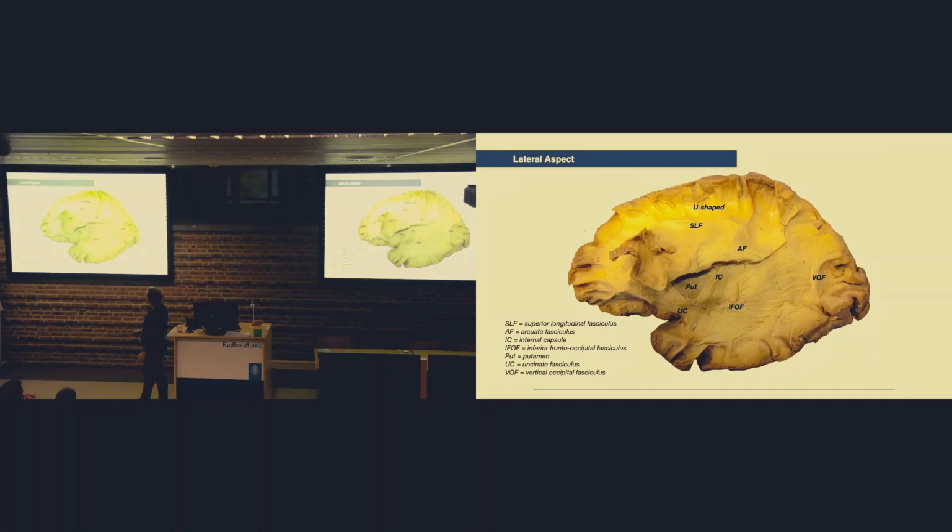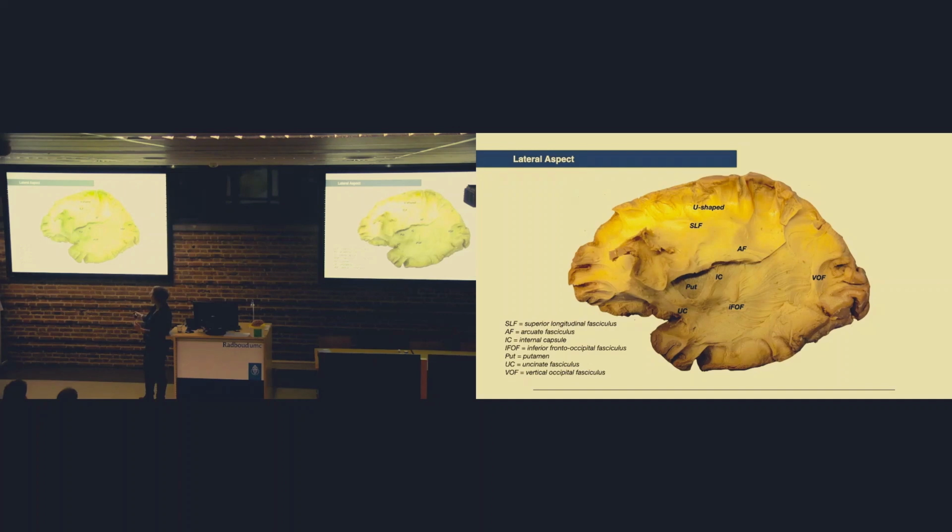Okay. Now that is also a matter of debate in the literature. It's like, how do we actually define if we're still in the same tract or if it is a different tract? So if you look at the IFOF and the uncinate, for example, right here, it's very hard to say, if not impossible, where one begins and the other ends. Okay.